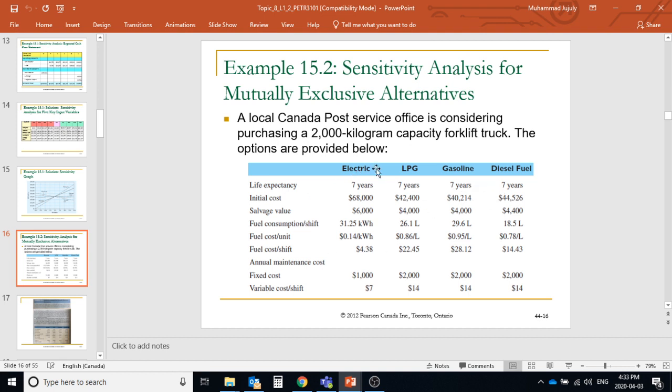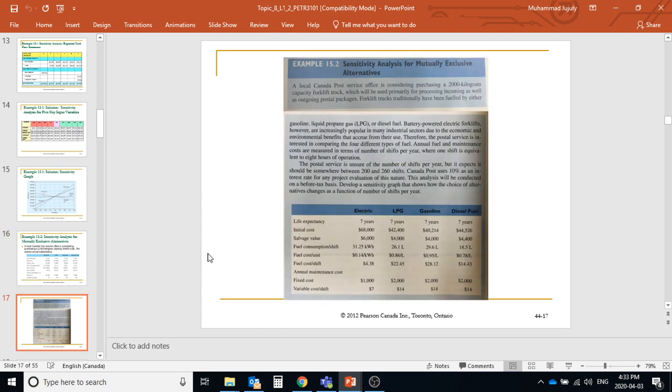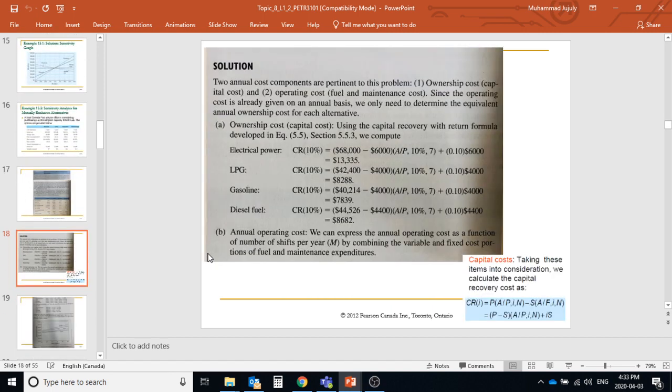We have the life expectancy, that is, the project life, given here. We also have the salvage value, which means we can calculate the CR, or capital recovery. Now we have some variable costs too, for instance the fuel consumption per shift, fuel cost per unit, and fuel cost per shift. All of these are variable costs.